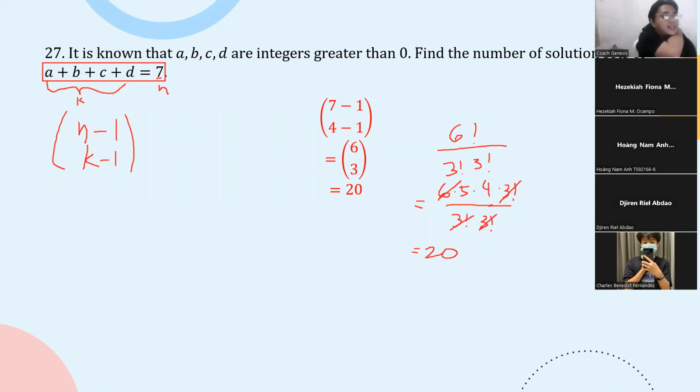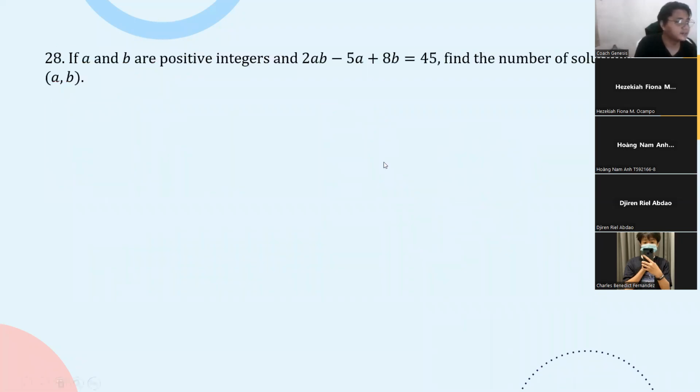So we have 20 solution sets, positive solution sets for 27. So that is number 27. Okay, so let's move on to number 28.